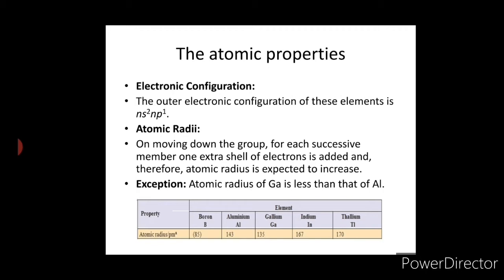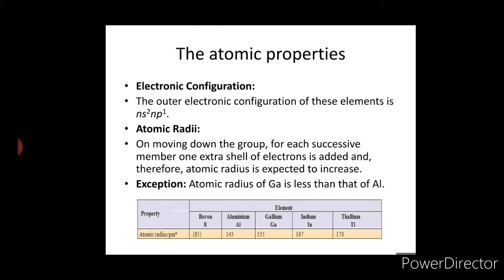In gallium, due to the poor screening effect shown by d electrons, the outermost electrons are strongly attracted by the nucleus, and that is why the size of gallium is slightly smaller than aluminium.